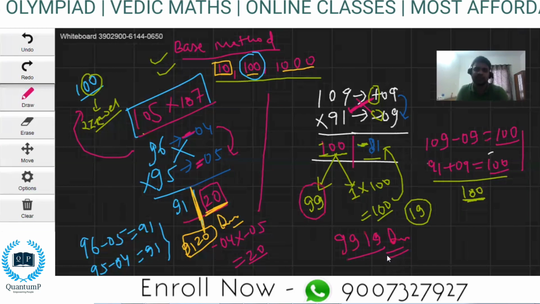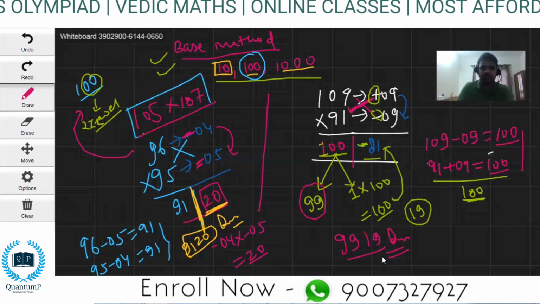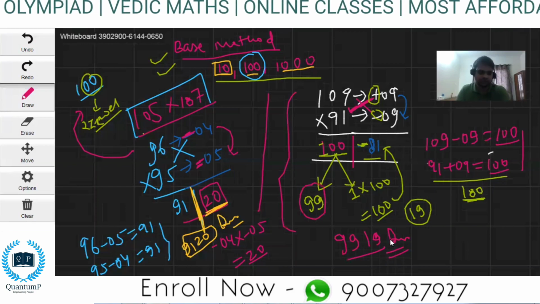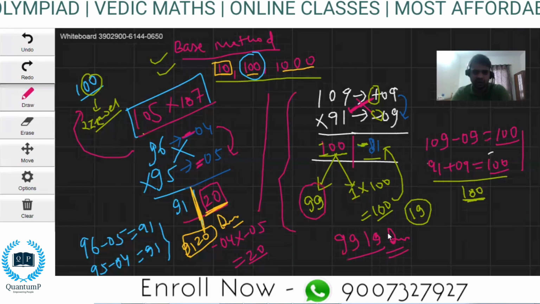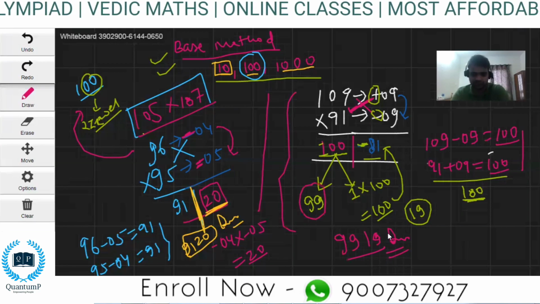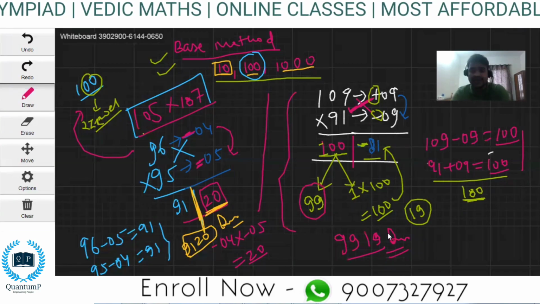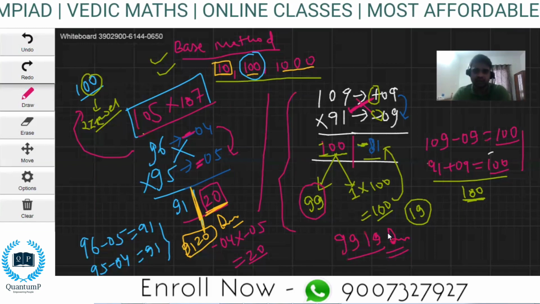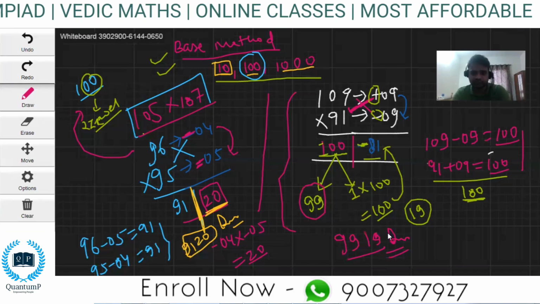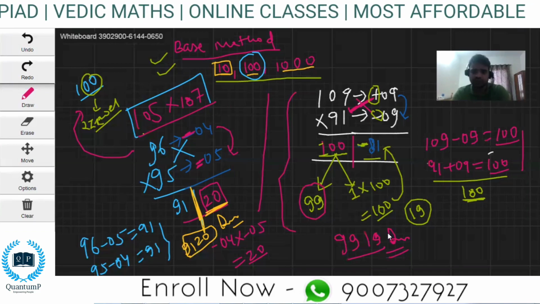This is really cool actually, if you understand it and can do it better. Your speed in number crunching and your number sense will increase a lot if you do this kind of activity on different numbers. So this is above and below.